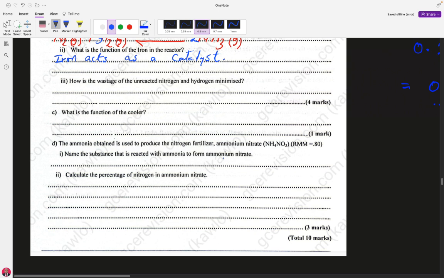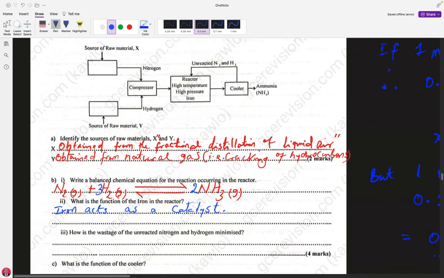The gaseous ammonia that is formed is liquefied and constantly removed from the chamber as it is produced, so that the unreacted nitrogen and hydrogen are passed over the catalyst again. Just as I said, if ammonia is not removed, the unreacted nitrogen will still remain there. But as soon as ammonia is formed, it is taken off so that the unreacted nitrogen and hydrogen react to form more ammonia.